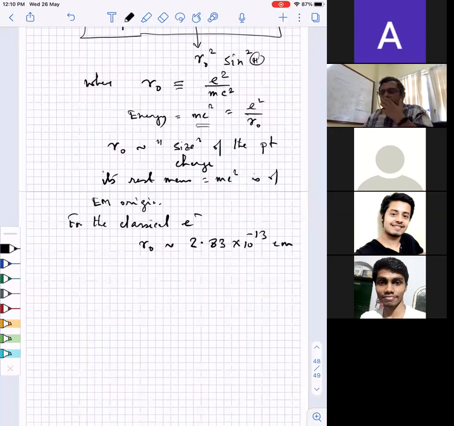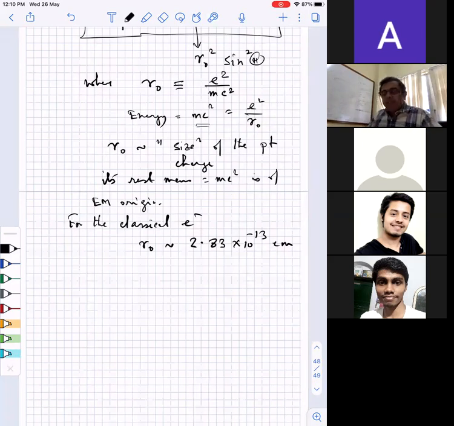So one of the things why this is important is this also tells you later typical scales in which our classical treatments will fail. If we are talking about some physics which are 10^-12 centimeter, then this is fine.